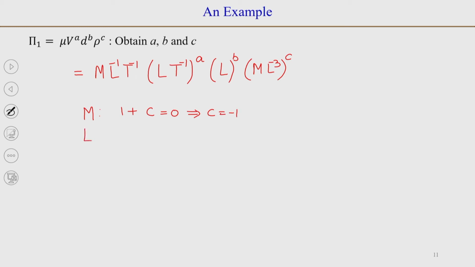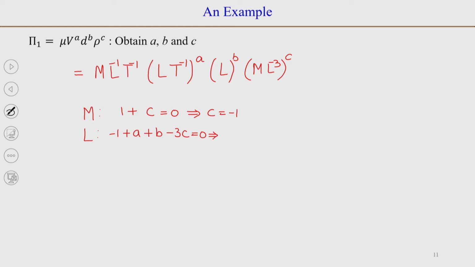Similarly, combine the exponents of L, and that will give us minus 1 plus a plus b minus 3c is equal to 0.